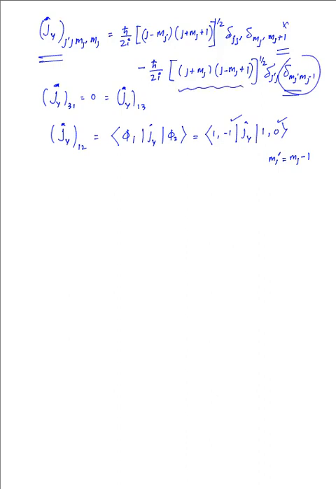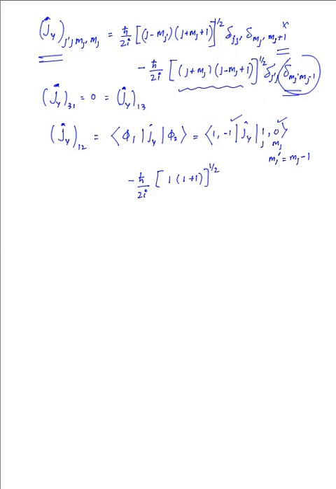So we have minus h bar over 2i, and j plus mj, as you can see j and mj are over here, so j plus mj is 1, j minus mj is also 1, plus 1, and the root of that.